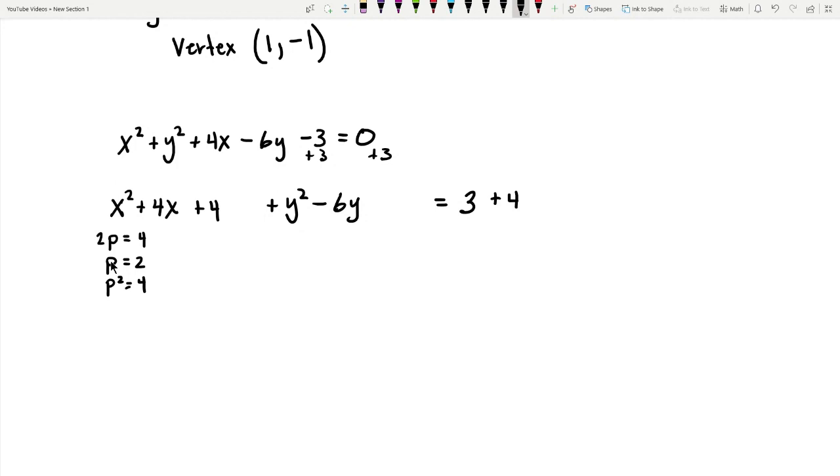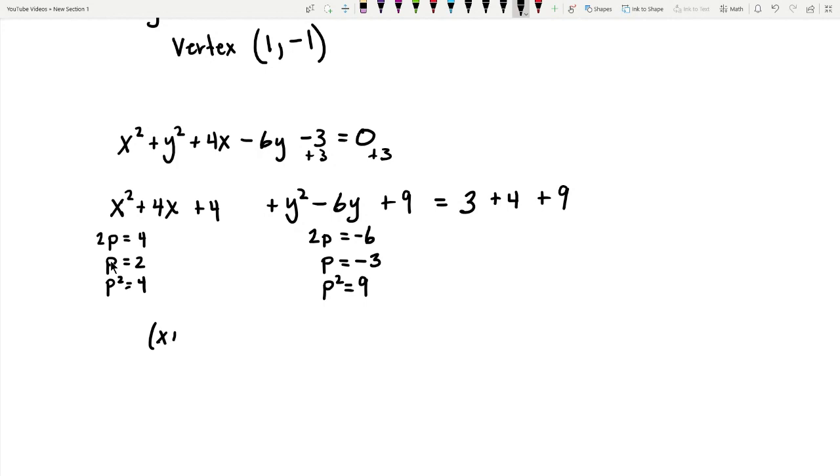For the y's, my linear term coefficient is -6. So 2p is -6. So I divide both sides by 2. So p is -3. And then I square both sides. So p squared is 9. So I'm going to add 9, and I'm going to add 9. All right, so my x's are going to factor into x plus p squared.